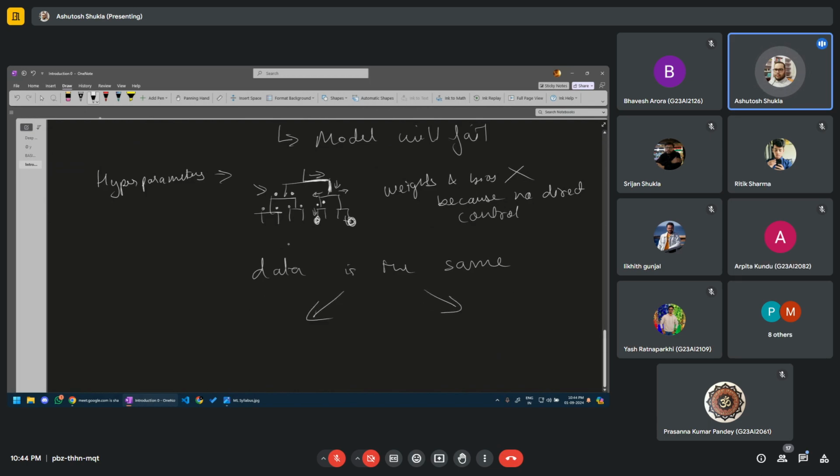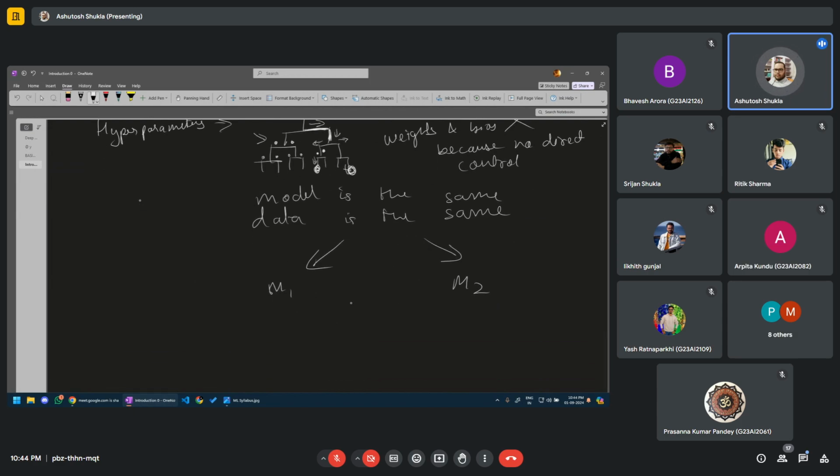You choose the same model, and this is model 1 that you have trained, and this is model 2. You will find that more often than not, when you haven't trained it a million or a billion times, these models will differ by a lot. For example, this might have an accuracy of 60% and this might have an accuracy of 97%. The reason that happens is because of the starting parameters.